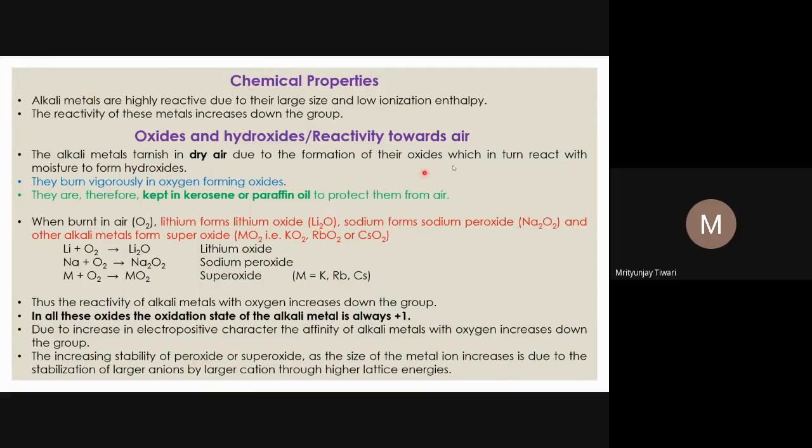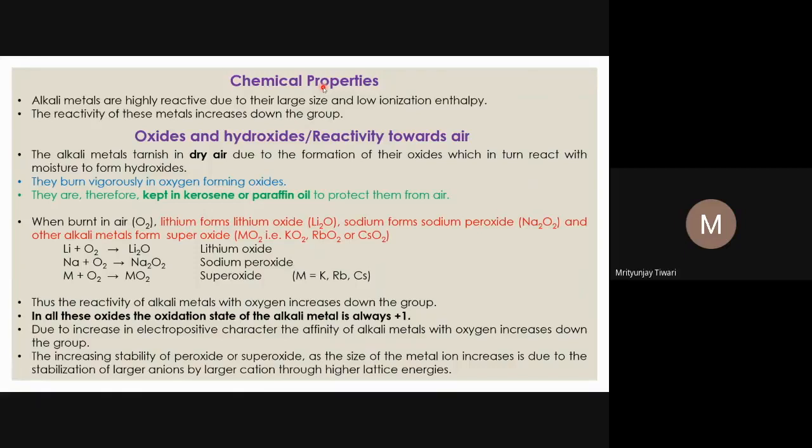Now look at the other chemical properties of the alkali metals, that is, reducing properties are also chemical properties. Actually, this shading should be there; I forgot to write that. So the reducing property, the oxidation potential that we have seen, is also a chemical property.